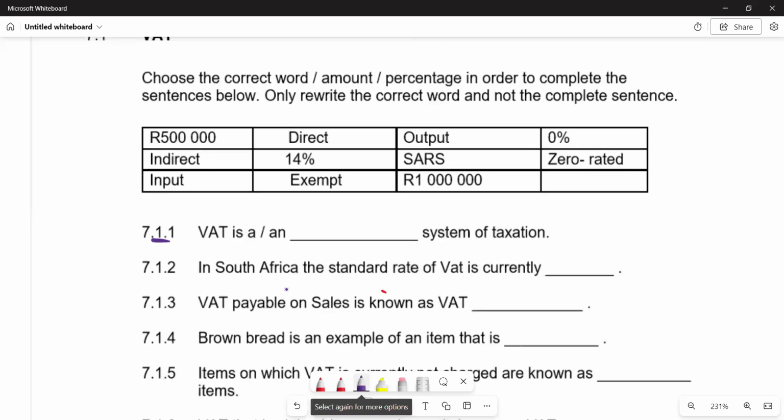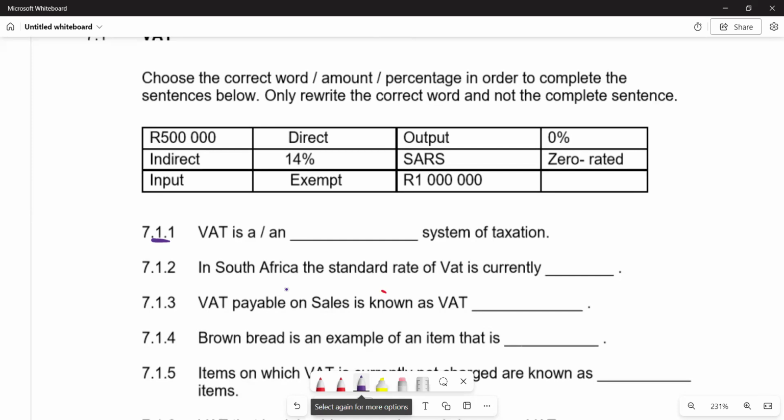So we are going to see that it's not going to be charged directly as compared to pay as you earn as a tax. It's not directly charged to the customer, but it is charged through maybe retailers that are going to sell the products. But who is charged the VAT is the customer who is buying the product.